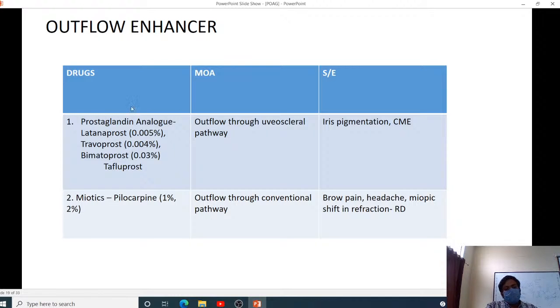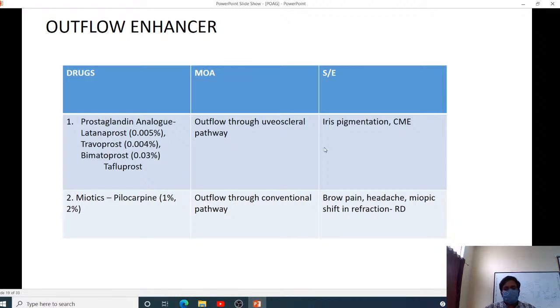Okay, another important drug class is prostaglandin analogs. There are many drugs available, and these are usually the drugs which are started if the patient can afford them. These drugs are a little costly, but they are very good drugs. They cause outflow through the uveoscleral pathway. So this acts on the alternate pathway, not the conventional pathway. The side effects of prostaglandins are very commonly asked in the exam.